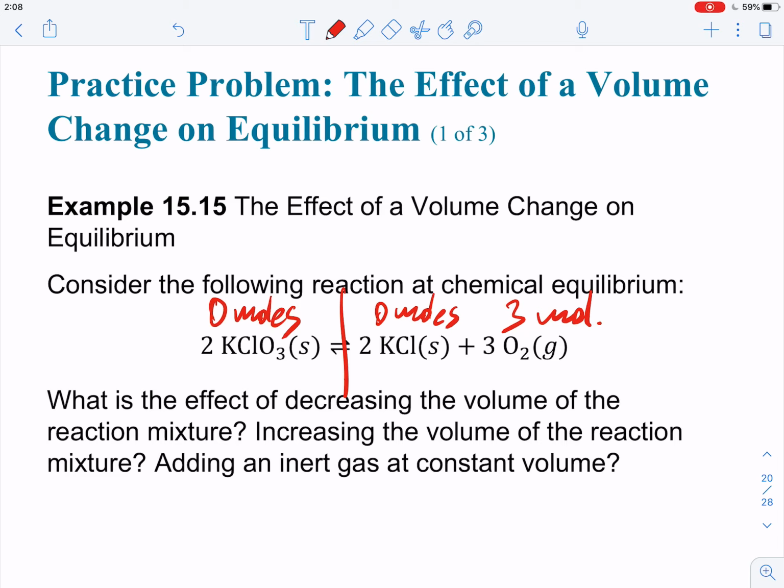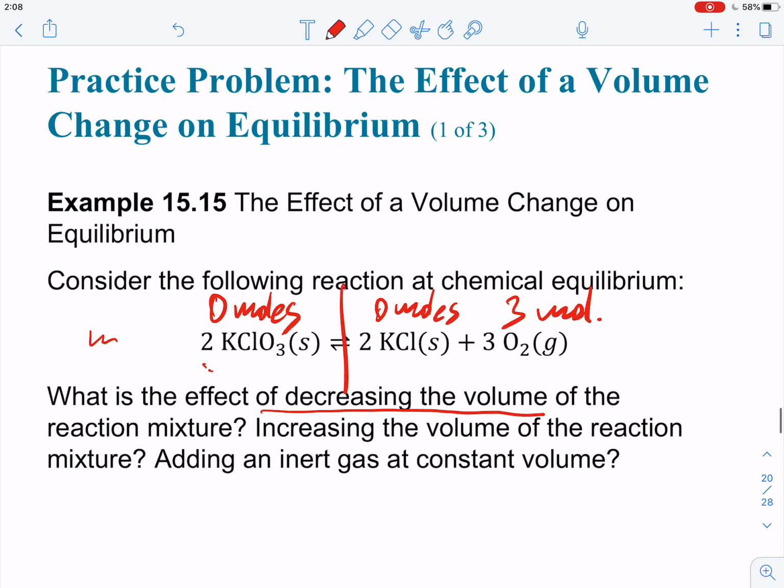So you have 3 moles of gas on the product side, you have nothing on the reactant side. And the effect here is, if you decrease the volume, what is going to happen? Okay, if you decrease the volume, you will increase the pressure. So if there are no gases here, then you will be shifting the reaction in that direction.